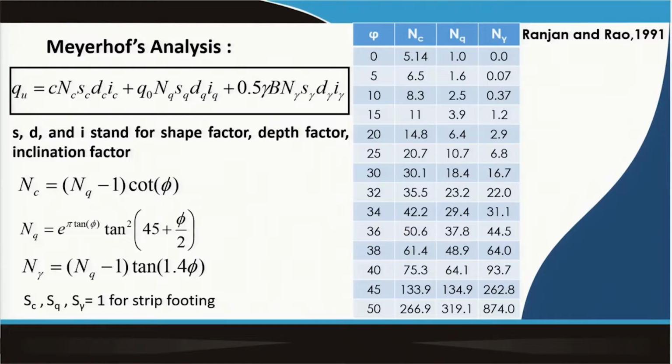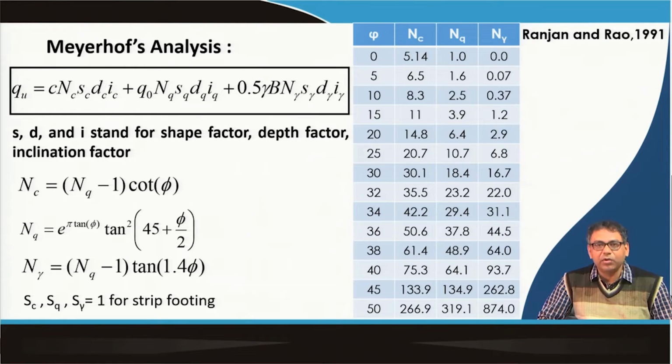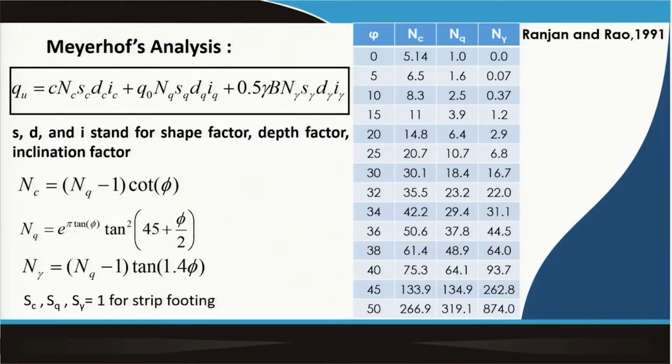That means we can include the effect of inclined load and the effect of eccentricity in the bearing capacity equation.